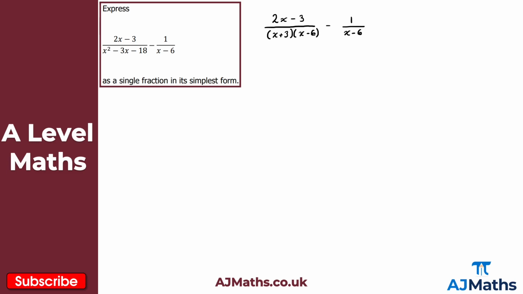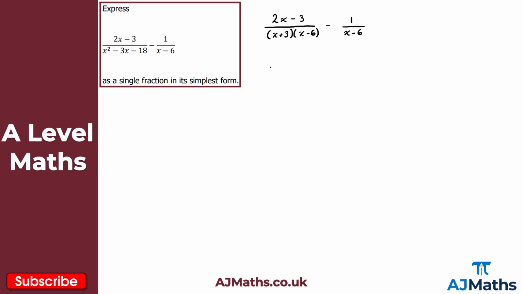I can see I've got an x minus 6 in both of these denominators. But in this denominator, I've got an x plus 3, and I don't have that within this fraction. So what I need to do is times this fraction by x plus 3, both the numerator and the denominator, to get this over a common denominator.